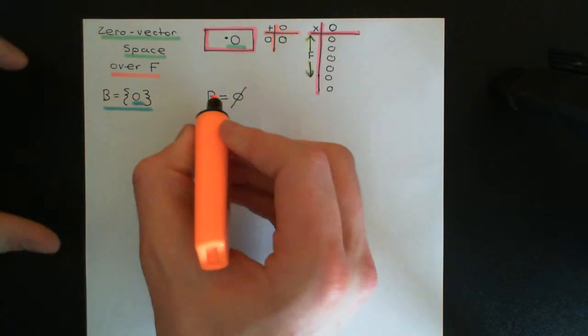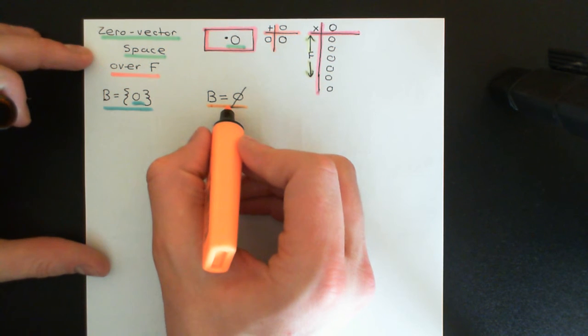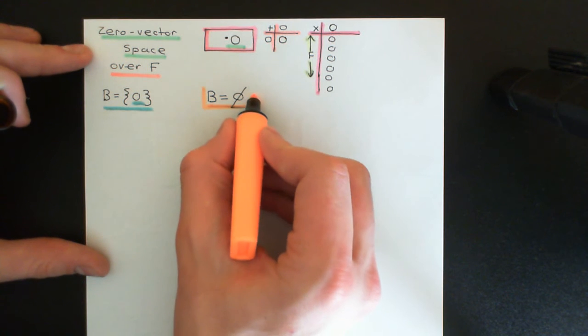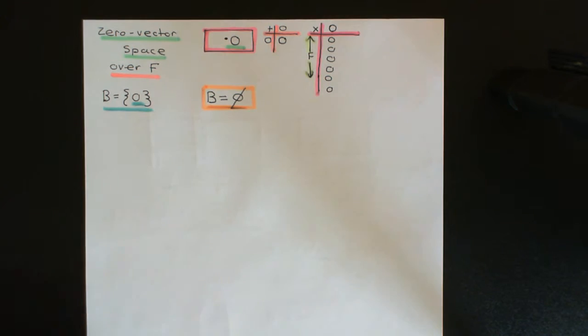How does that span the entire vector space? What exactly am I taking linear combinations of? However, we are just going to make that definition, that the basis of the 0 vector space is the empty set, and that this empty set is going to span the 0 vector space. We're just going to state that as fact. We're going to define that.